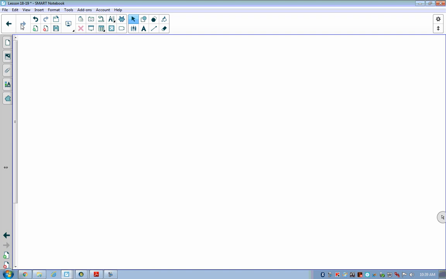Number 4. The sum of the digits of a 2-digit counting number is 11. Now, the book has a really complicated way of doing this. I'm going to keep this much more simple. Think about this for a second.